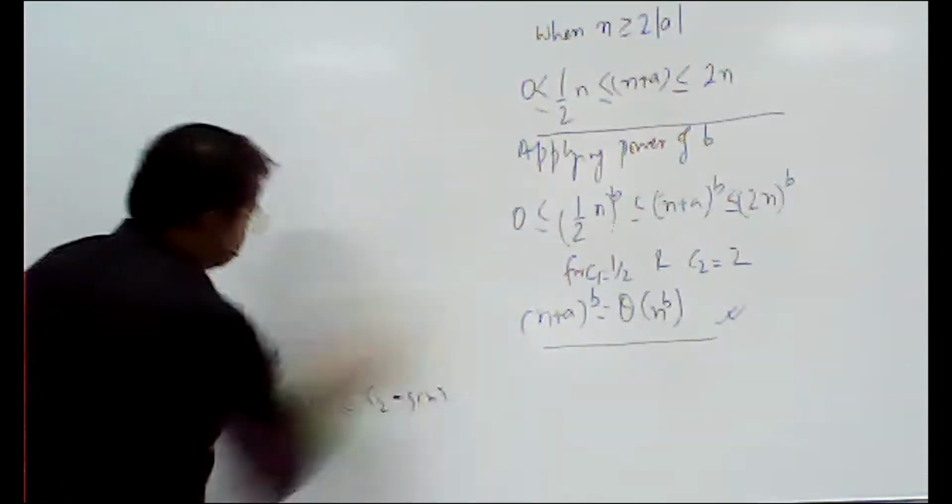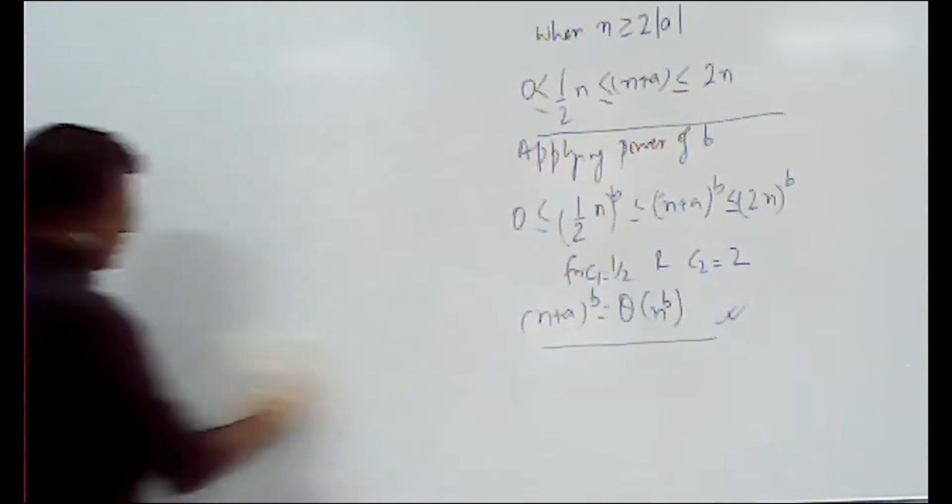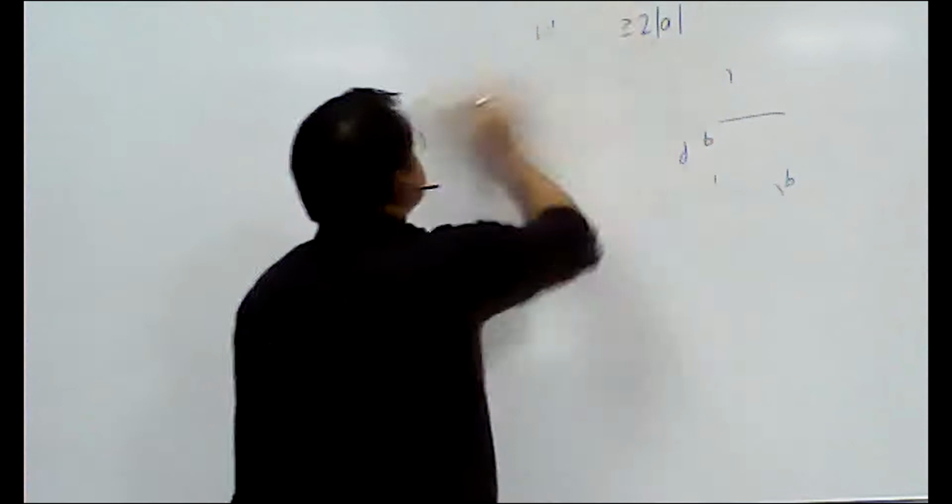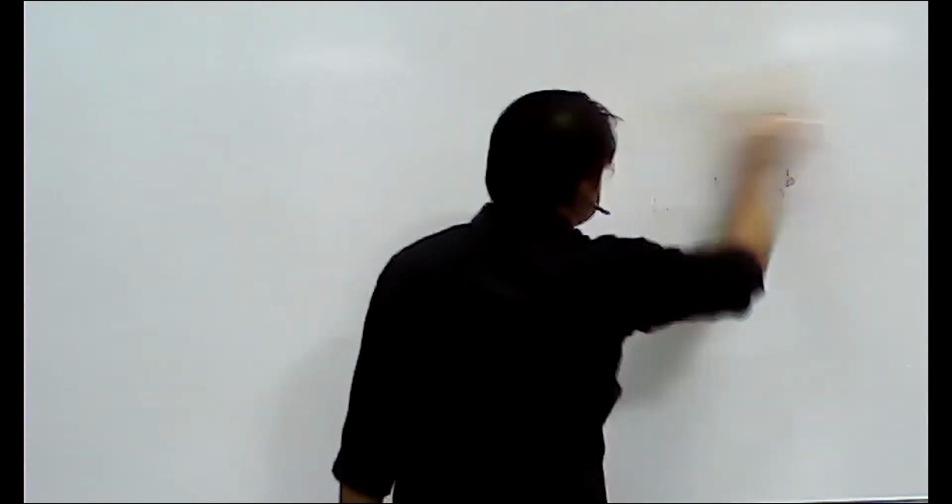Studied or not? Yes, sir. The same recurrence relation will be used to analyze the complexity of recursive algorithms. From the recursive algorithm, we will derive a recurrence relation, and then that recurrence relation will be solved and we'll get the time complexity. First thing.